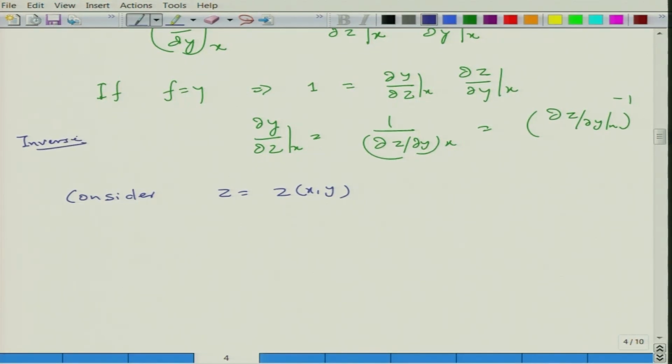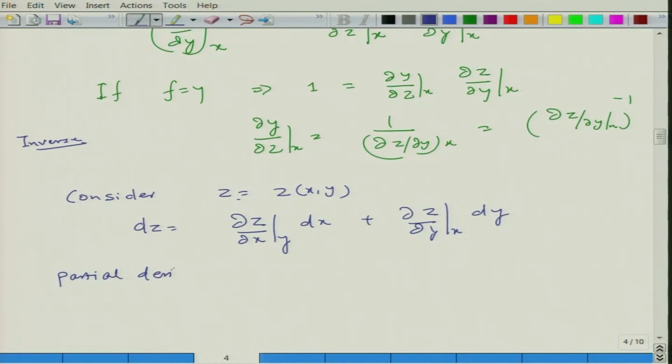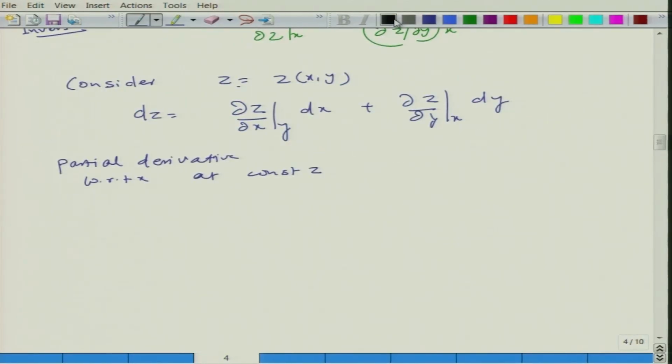So, this is the inverse rule, and now I am going to develop a relation which we call the minus 1 rule. Consider z equals z of x, y, and if I take the differential form of that, I am going to write it like this: del z by del x keeping y constant, plus del z by del y keeping x constant. Now, if you take a partial derivative with respect to x at constant z, the following expression will come.